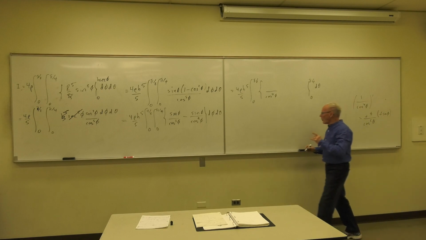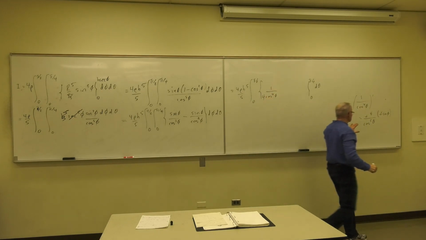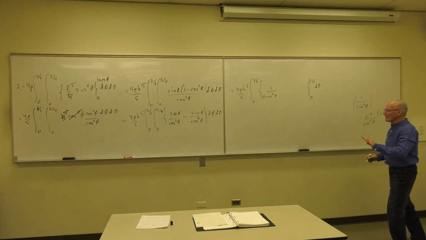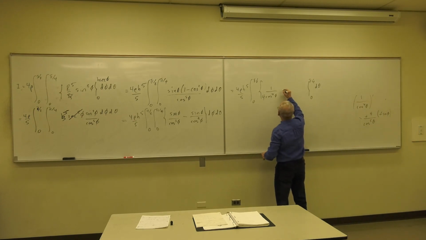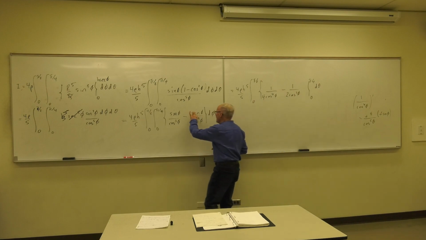I need a quarter, 1 over 4. That will cancel out that 4, and I'll be right. Same thing for the other: minus 1 over cos squared phi. But I guess I'll need a 2 this time.